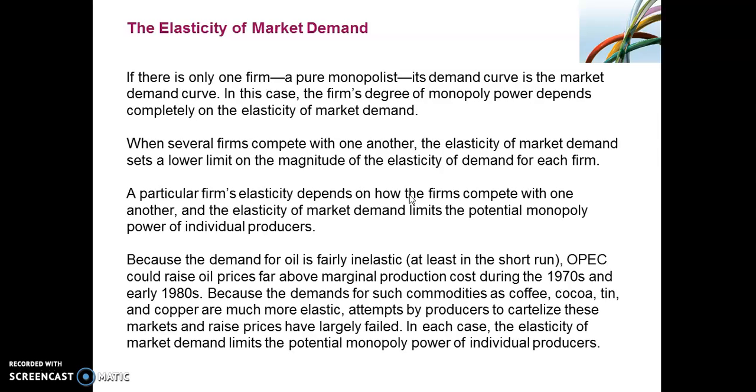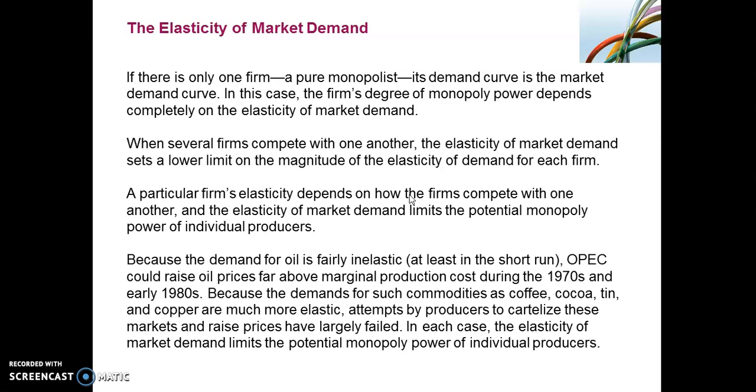So that lower limit was placed by the elasticity of the market demand curve. A particular firm's elasticity depends on how those firms compete with one another, and the elasticity of the market demand places a limit on that potential monopoly power.